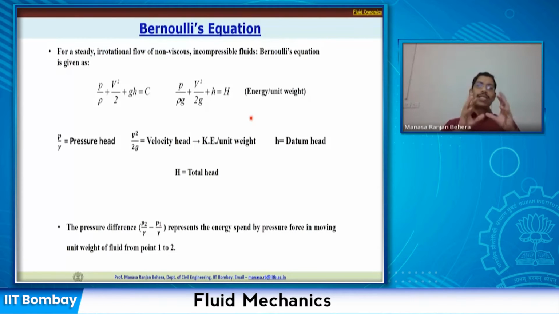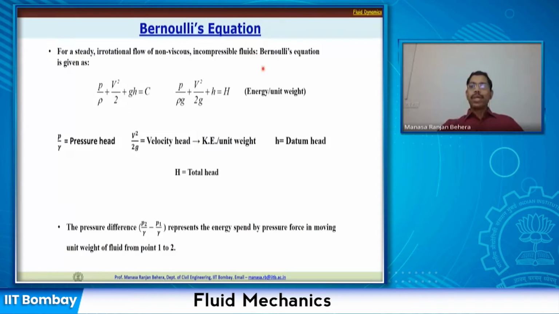So that is the energy spent, whether it is pressure energy or kinetic energy or potential energy, it is the energy spent for moving 1 unit weight of fluid from one point to another point. Alright, so this is Bernoulli's equation, and this equation is very, very important and you can apply that to solve many problems given that the conditions are satisfied, which you should always keep in mind.